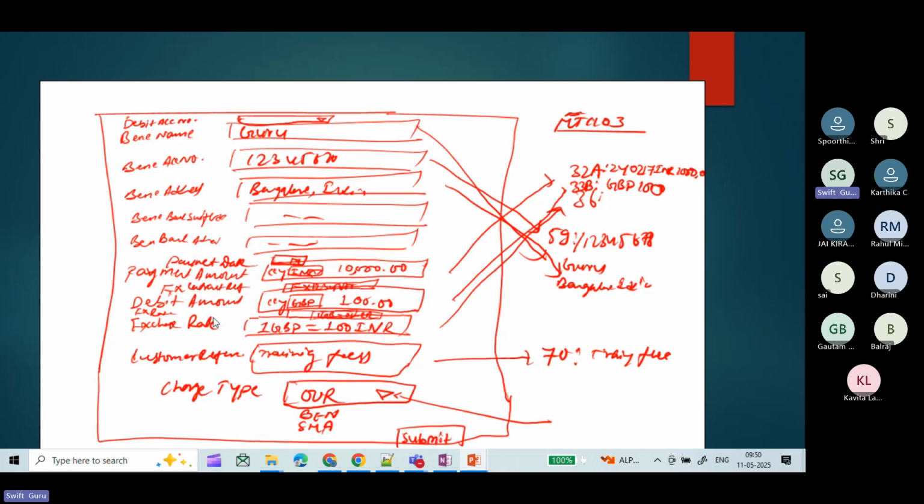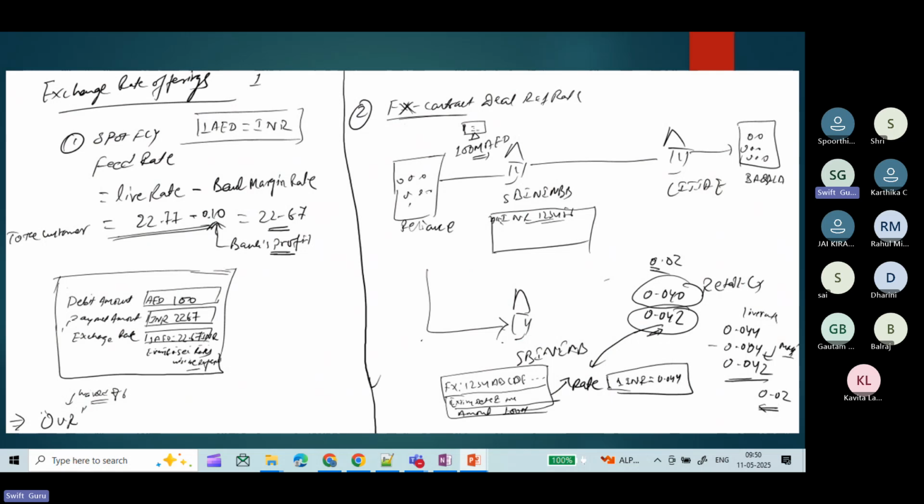There will be one field for that respective currency pair. They will have to provide this 16 alphanumeric character coupon code, or deal reference ID, preferably called the Deal ID or FX contract deal ID.